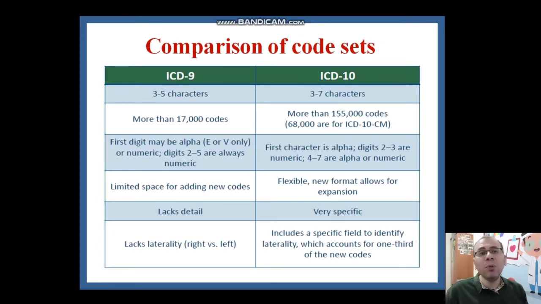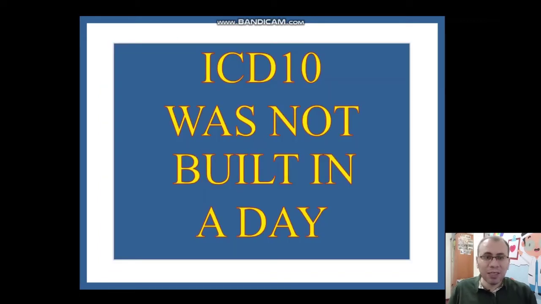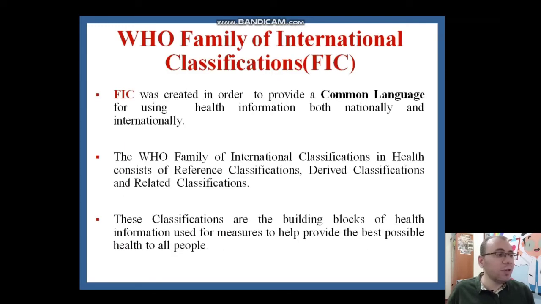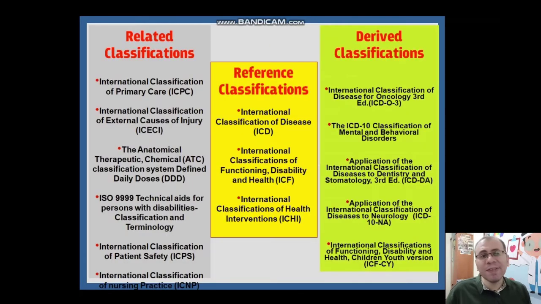After that we will discuss the history of ICD-10. ICD-10 wasn't built in a day. It took a long time to come into the picture we are seeing today. Then we will proceed to the family of international classifications. We have three sets of classification: reference classifications, derived classifications, and related classifications.